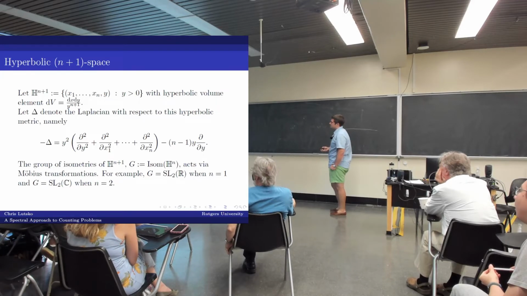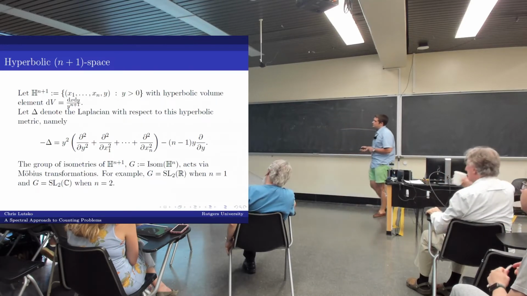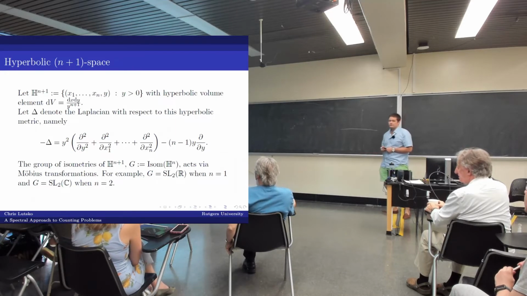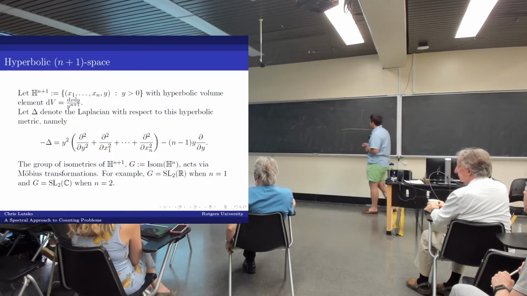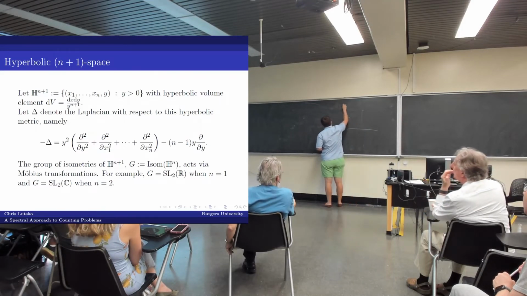Now, given H^(n+1), we can also define a group of isometries. At least when n equals 1, the isometry group is given by SL2(R) acting via Möbius transformations. So if I have some point z, and gamma is (a b; c d), then gamma of z is (az + b) divided by (cz + d).